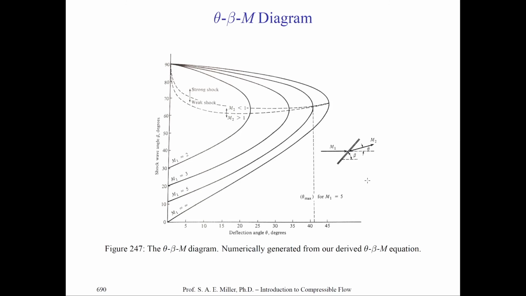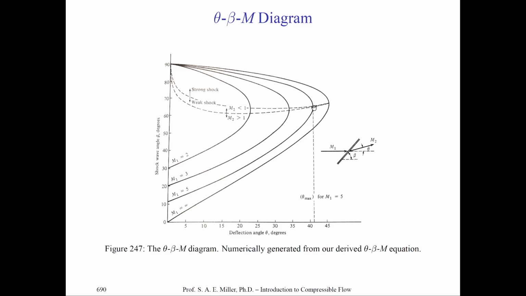So for example, even for Mach numbers like 50 or 60, and a flow turning angle of, say, 50 or 60 degrees, it's impossible for a solution of the theta-beta-Mach number relation to occur. And therefore, we cannot have an attached planar oblique shock, as you'll see momentarily. In the dashed lines, I've shown, once again, the division between strong and weak shock waves, which occurs at the singular solution for the theta-beta-Mach number curve. For example, we call this the theta max value. The theta max value at M1 equals 5 occurs at about 41 degrees, right here.